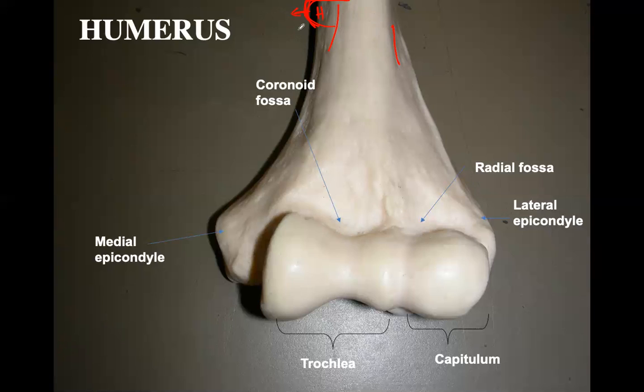It's a really bad drawing. So keeping that in mind, I know the head is always pointing medially. So this would become my medial epicondyle, and the smaller one on the opposite side of the head would be my lateral epicondyle.